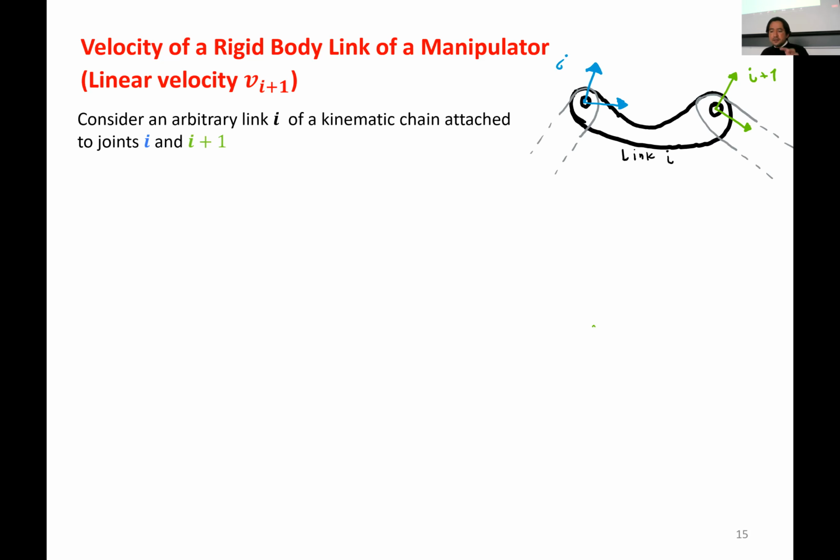So let's consider an arbitrary link I from a kinematic chain. We have the other links of the chain in gray attached to the joints, and this link is attached to joints I and I+1.